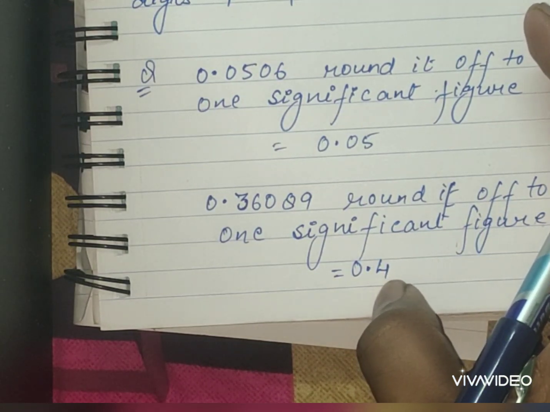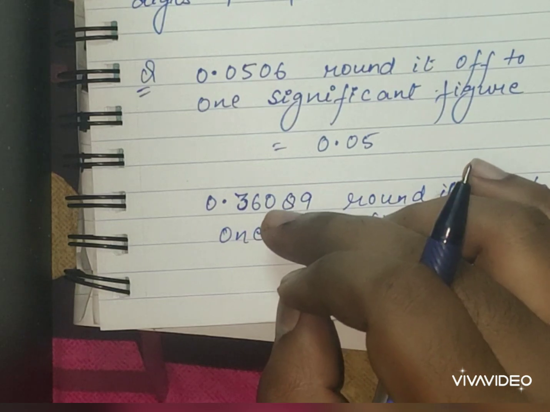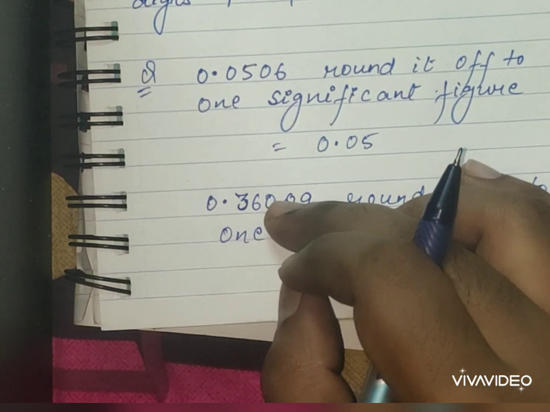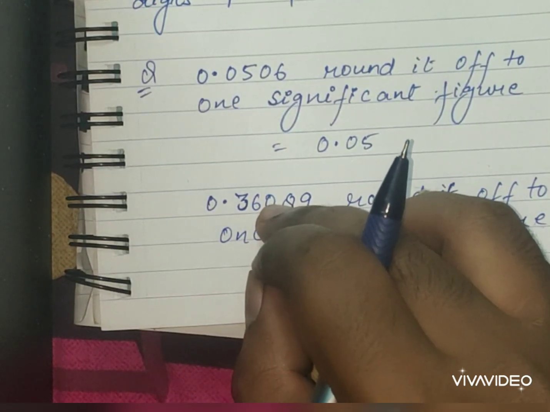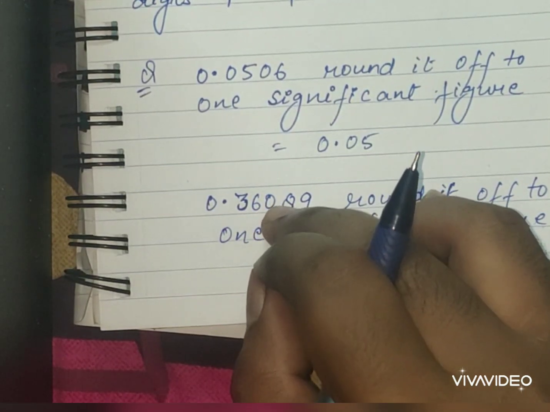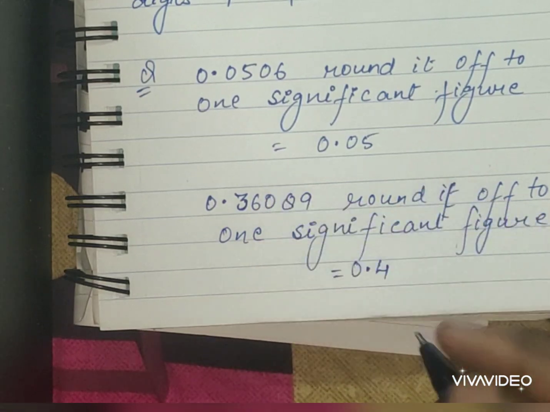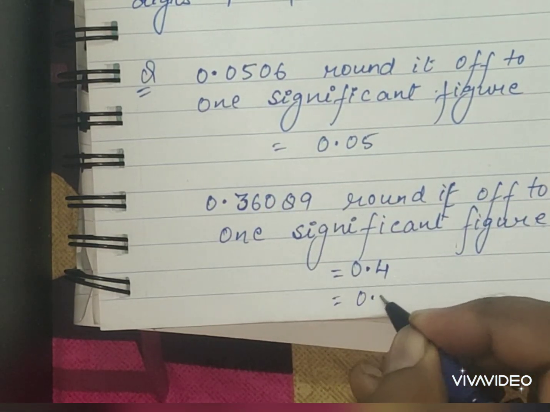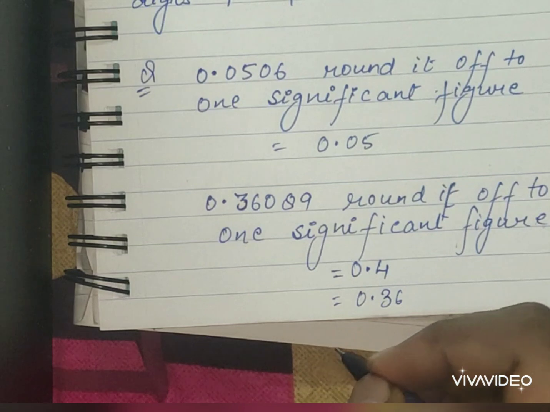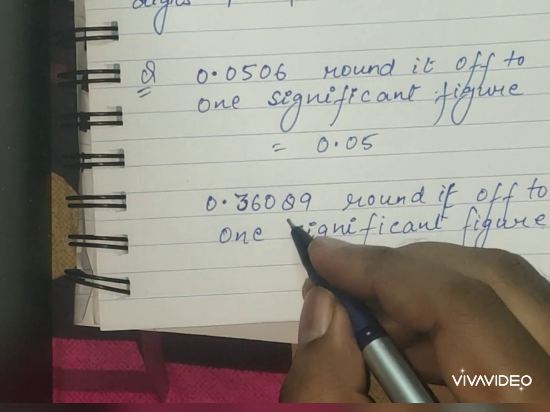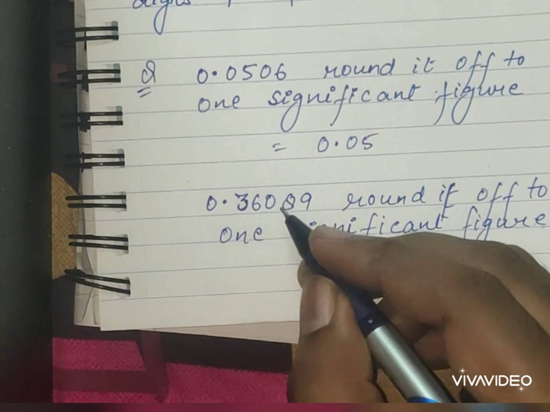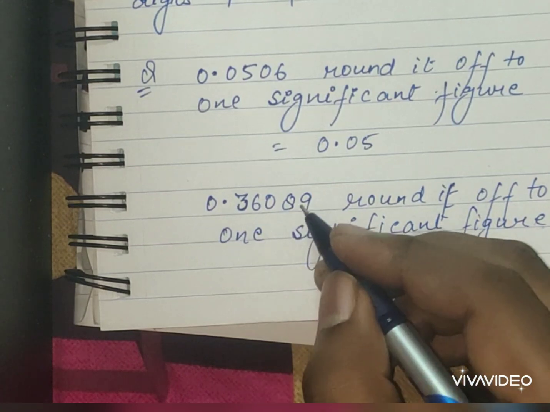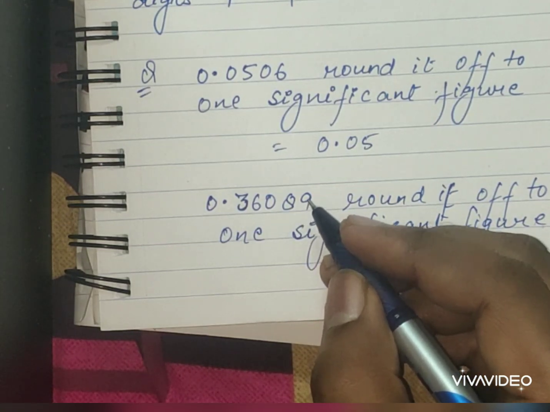I hope it is clear. If the question was asking till 2 significant digits, then we will consider the third place, and the third place is not greater than 5, so your answer will be 0.36. Suppose it is asking till 4 significant digits, so we will consider the fifth place also.